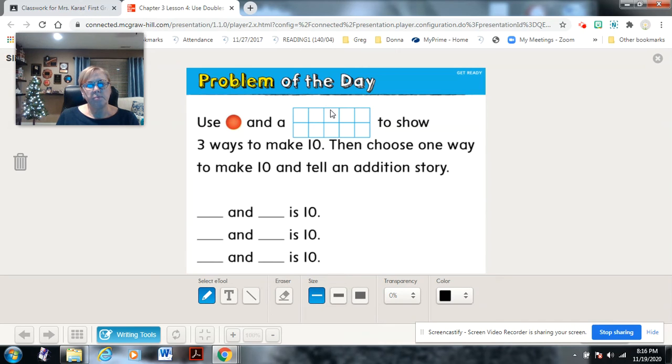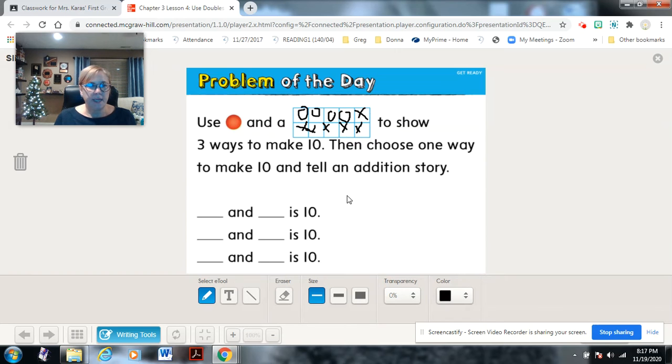I'm going to have to use a pencil because they don't have the little counters for me. I'm going to put 4 circles up here, and then I'm going to put an X. Okay, you can use your two-sided counters. So I'm going to put X's in the rest of the boxes just so that it's something different, okay?